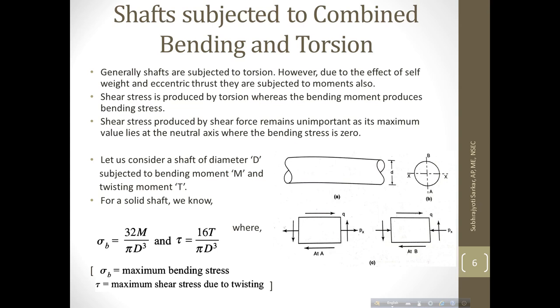For the solid shaft, we know from the bending stress chapter that sigma b, the bending stress, is equal to 32 M by pi d cube, and from torsion we know that the shear stress tau is equal to 16 T by pi d cube, where sigma b is the maximum bending stress at the circumferential level, that is at small r equal to capital R, and tau is the maximum shear stress due to twisting.